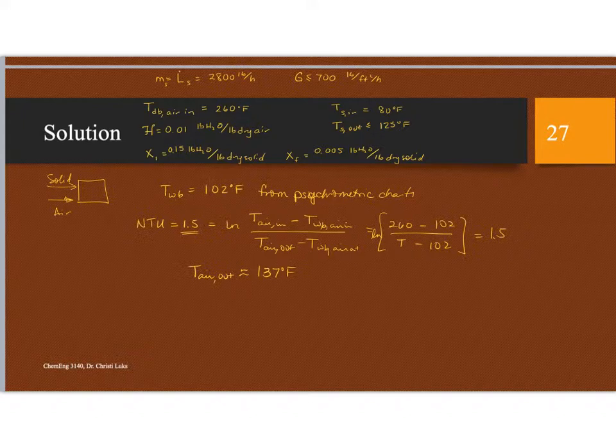Now, we also are going to need some additional data. They gave us C sub P for our solid, which was 0.52 BTUs per pound degree Fahrenheit.